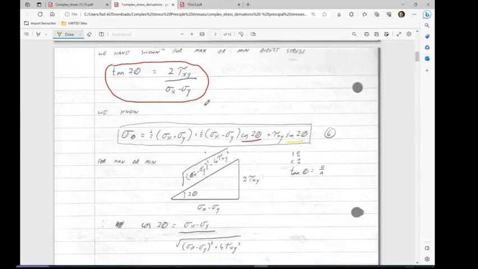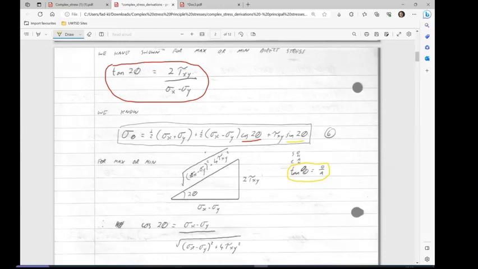So remember, the definition of tan theta is opposite over adjacent. So here, I've drawn this. Imagine we've got our triangle. Instead of theta, we've got 2 theta, so I've written 2 theta here.